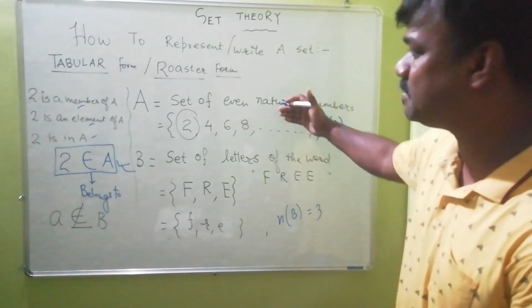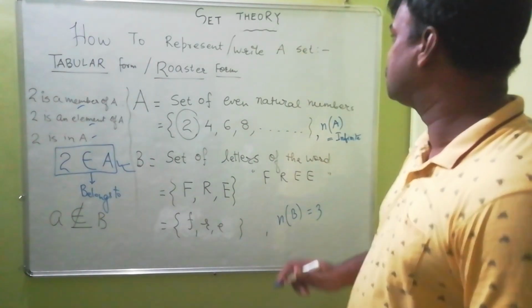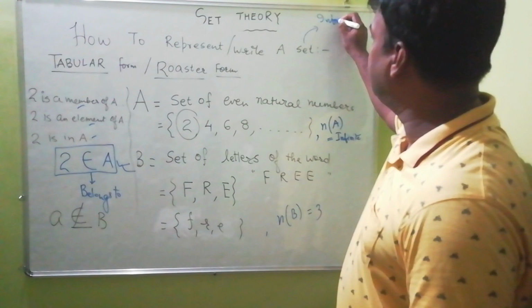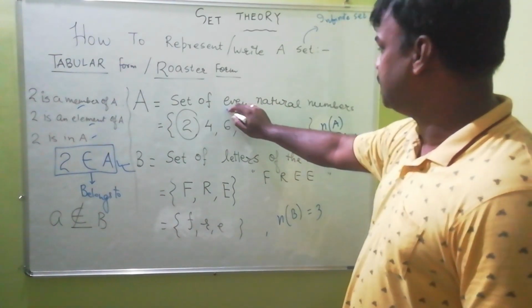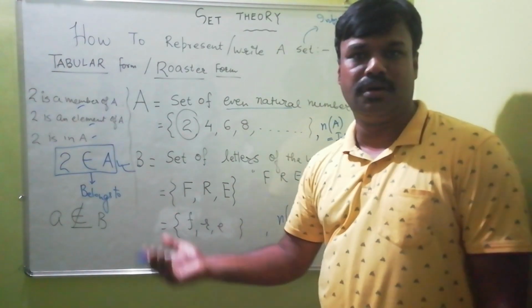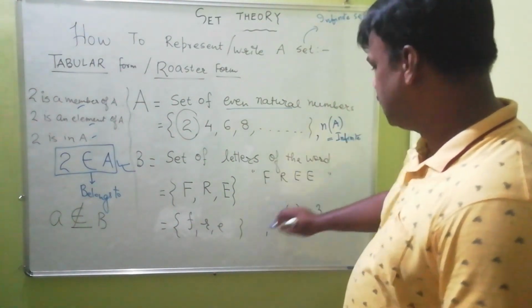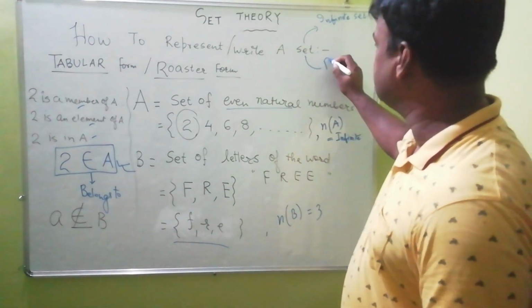So on this basis also we can categorize the set into 2 types. What are the 2 types? First is infinite set. So here the set of even natural numbers, or odd natural numbers, they are infinite sets, and this one has only 3 elements. So this is a finite set.